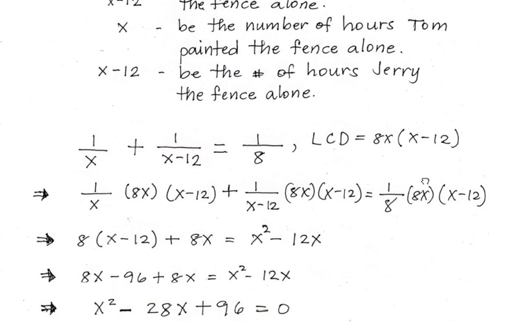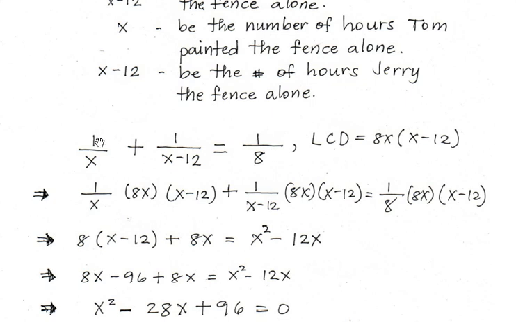Now let's formulate our mathematical equation in terms of a rational equation. We have the rate of Tom plus the rate of Jerry, that is their rate combined together, and they can work it together in 8 hours. So this is 1/8, the fraction of work done in 1 hour.